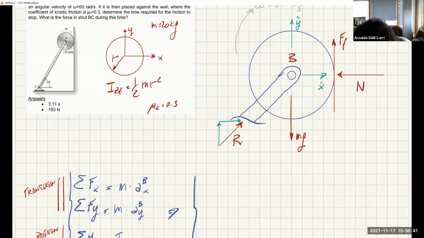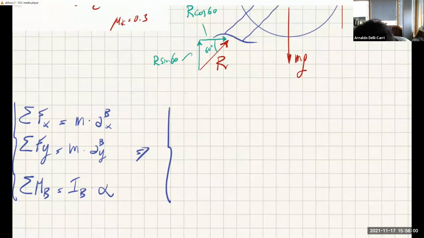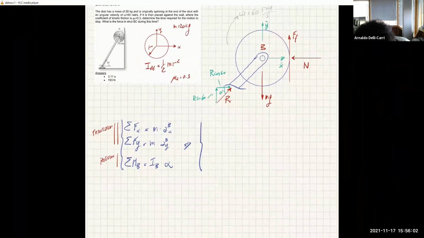And 60 degrees is this angle here. This one is R cosine 60. This one is R sine 60. Everything else is horizontal or vertical.